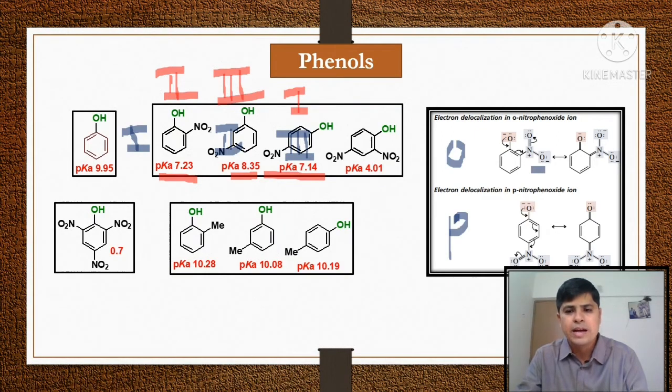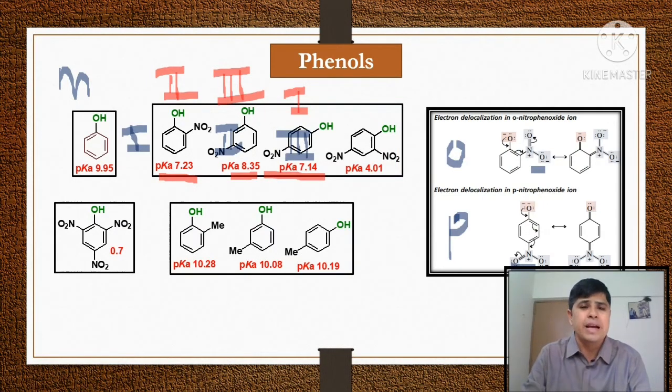Such a resonating structure is not possible for the meta isomer. Hence ortho and para isomers are more acidic than the meta isomer. Ortho and para nitrophenols are more acidic than meta nitrophenol. Why?